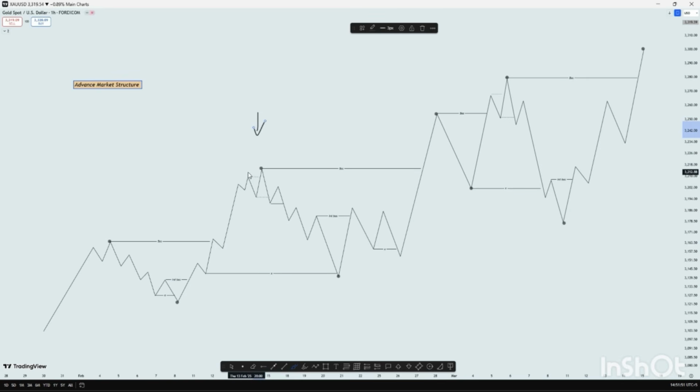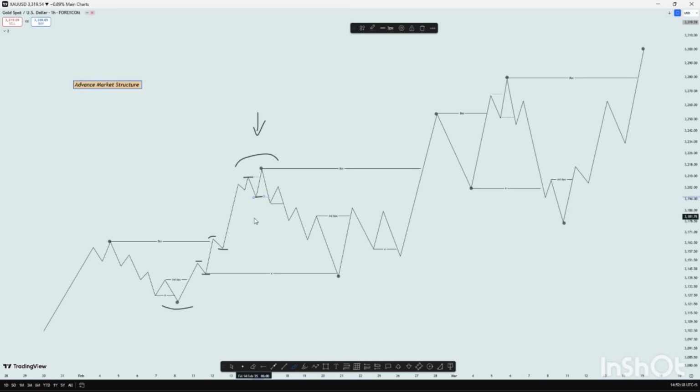Normally what we see is that we need an internal structure break, like here. This is an internal high and this is an internal low. This is an internal high and this is an internal low. And this is our swing high and swing low. So in the same way, we also have internal highs and internal lows.